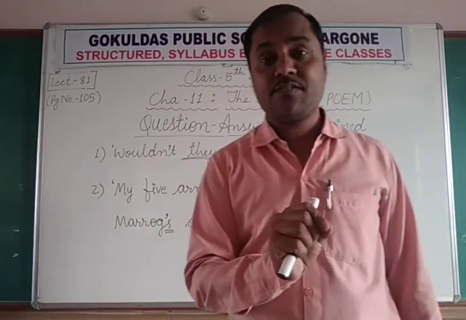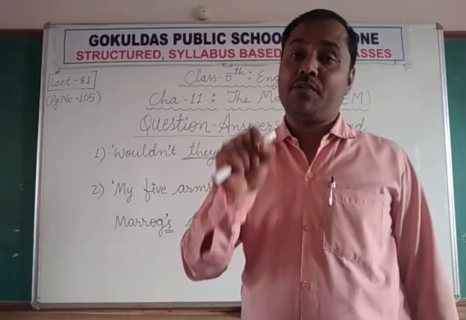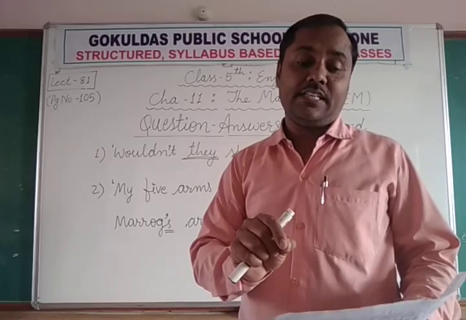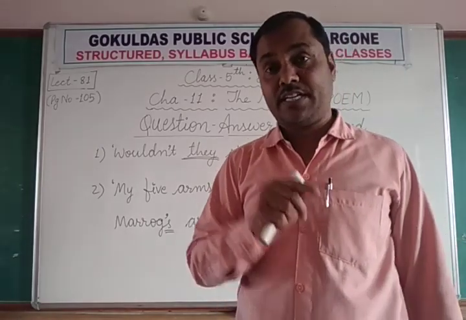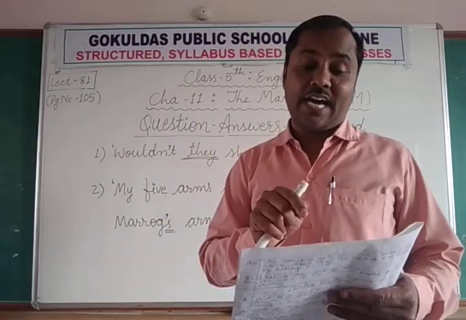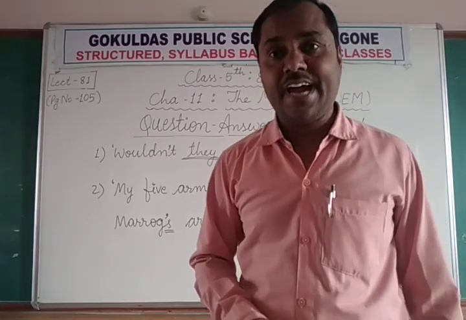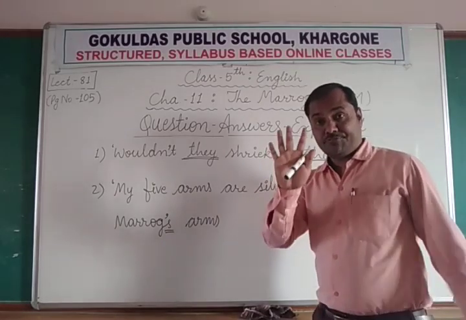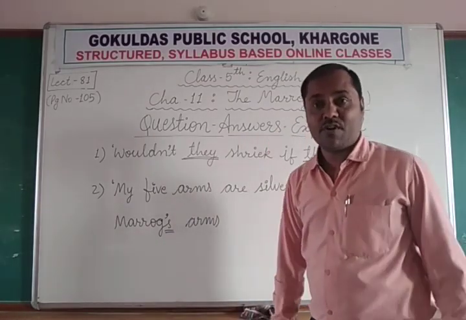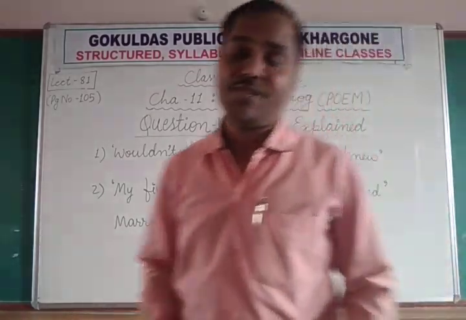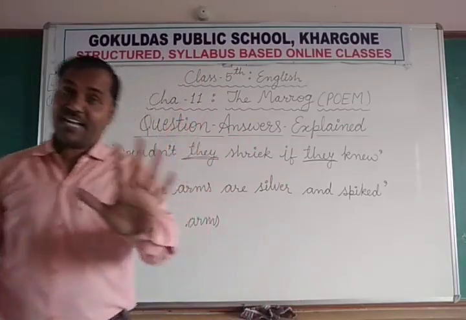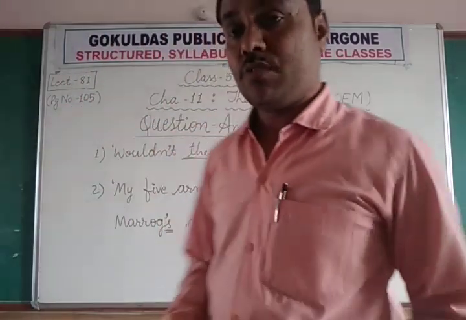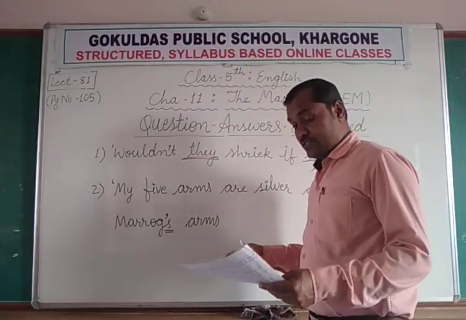Marrog has means Marrog ke hain, or Marrog had means Marrog ke the. Since we are writing the answer in past tense, that's why I have used had. The Marrog had five arms. So these are the reference to the context type questions.